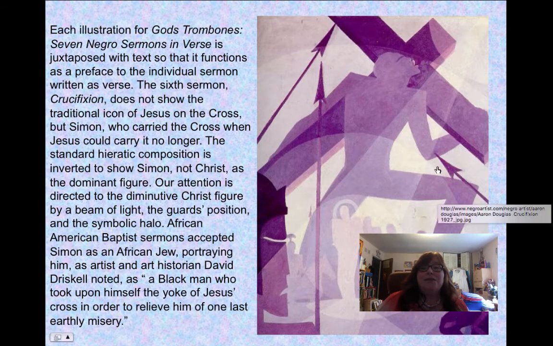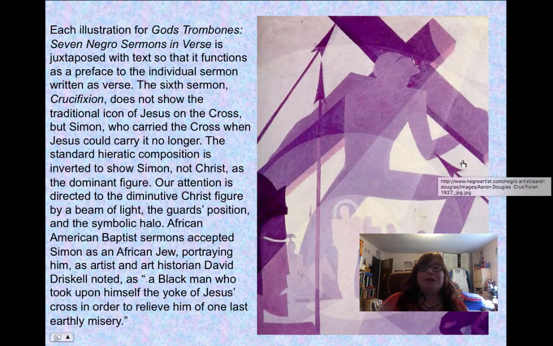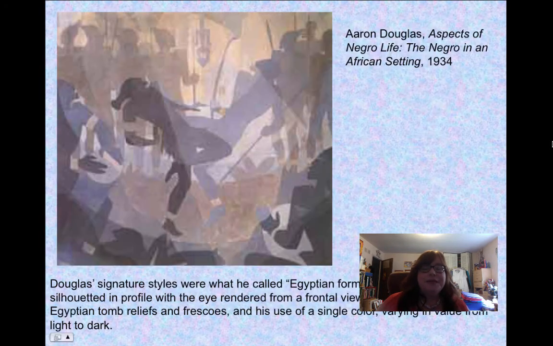And then there's also these spears that are functioning like arrows to point at the cross and point at Simon lifting, hoisting the cross for Jesus. And then this is another image of his aspects of Negro life, the Negro in an African setting, and Egyptian form, that's what he talked about.